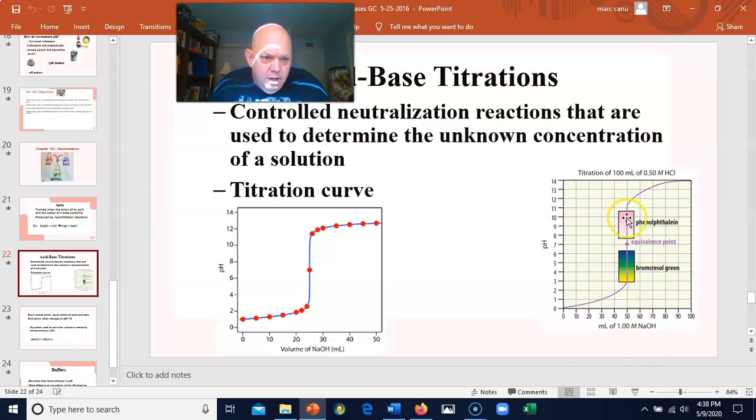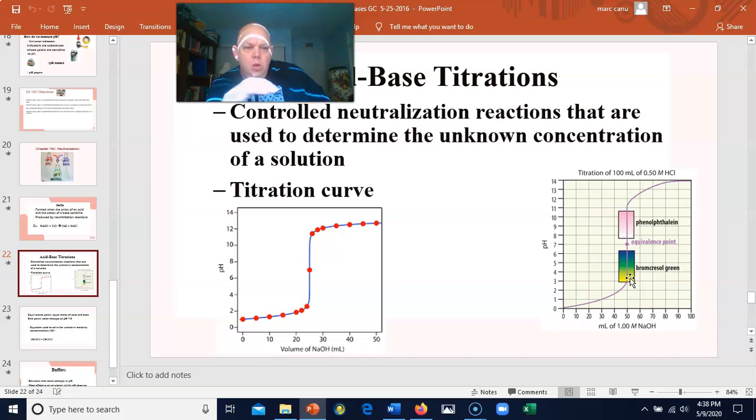So let's go ahead and we can use something called indicators. Okay, indicators will turn color in the presence of a certain pH, and that helps us tell when we reached that point. Now there is something called the end point. There is something called the equivalence point.